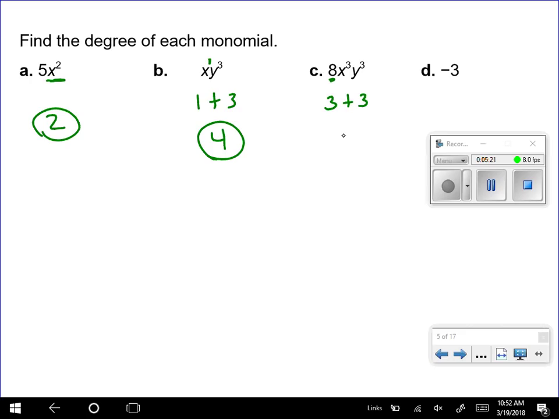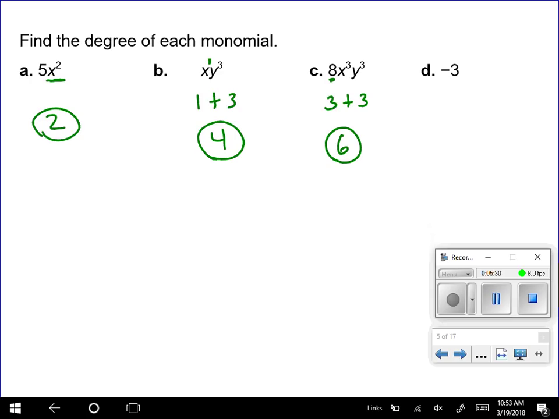So that would be a degree of 6. And then a negative 3. Well, a constant again doesn't have a degree, so this would just be 0. It's just the sum of your exponents.